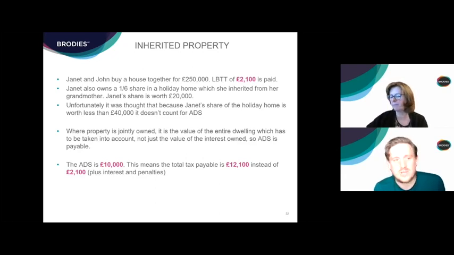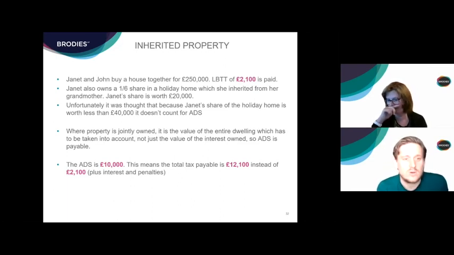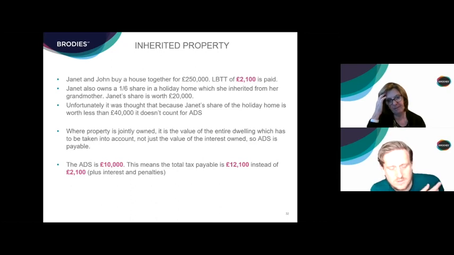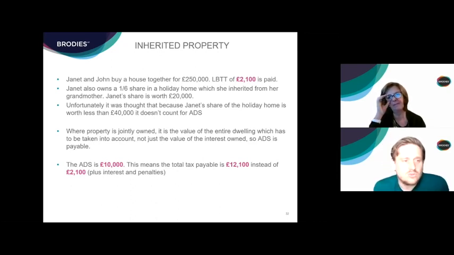So in this example, Janet and John buy a house for 250,000. The LBTT is 2,100. Let us assume it is their first purchase. And because the benefit of first-time buyers relief is roughly equal to the cost of claiming it, they haven't claimed it. Although they're first-time buyers, they will probably wind up paying the ADS here, because Janet also owns a 1/6 share in a holiday home.